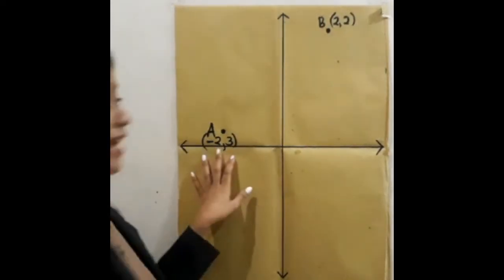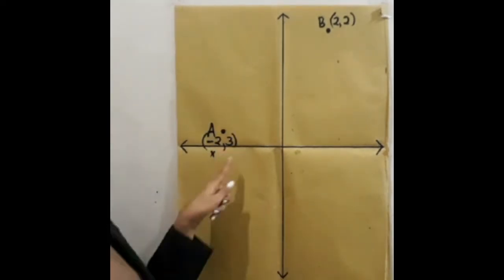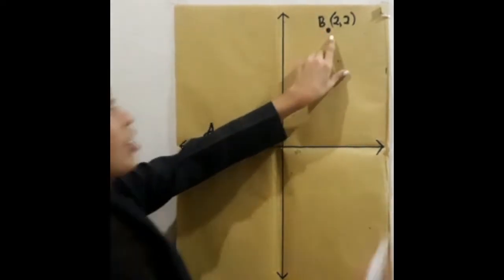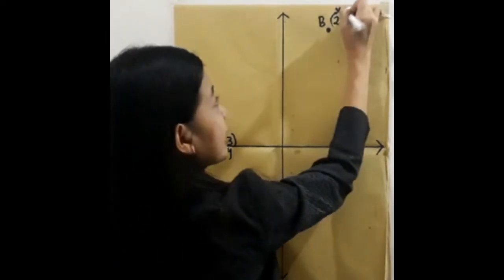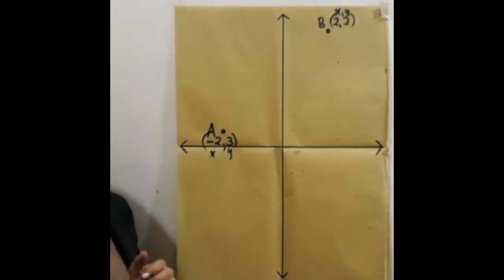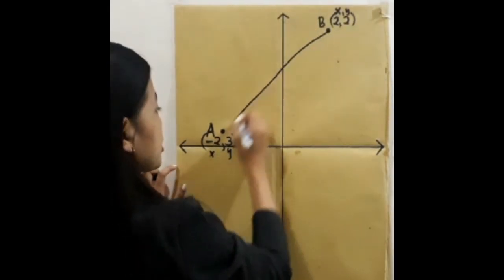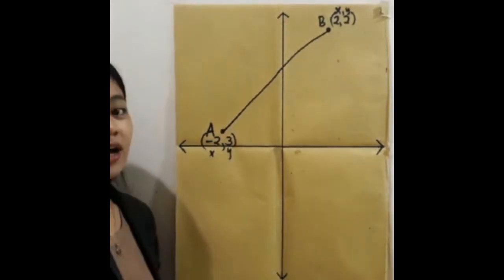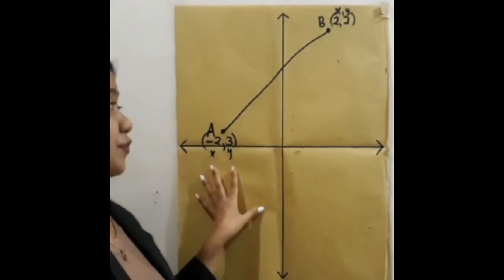In point A, we have the x coordinate and the y coordinate, and in point B, we also have an x coordinate and a y coordinate. We have to calculate the distance between these 2 points. So how? By plugging them into our distance formula.